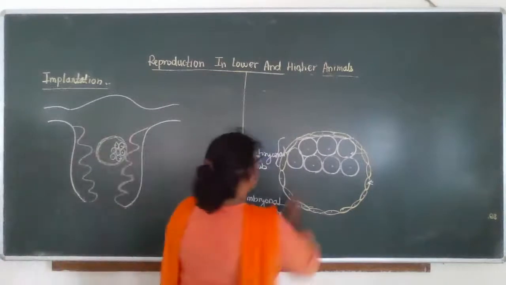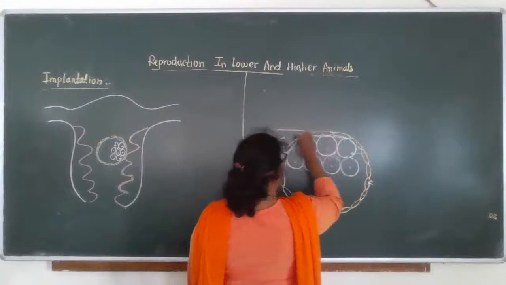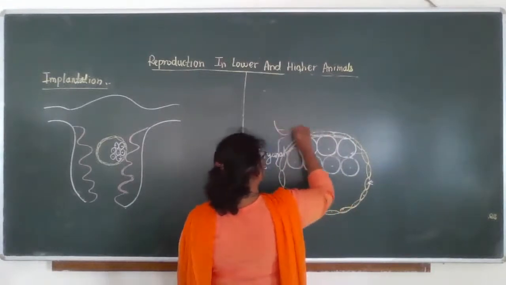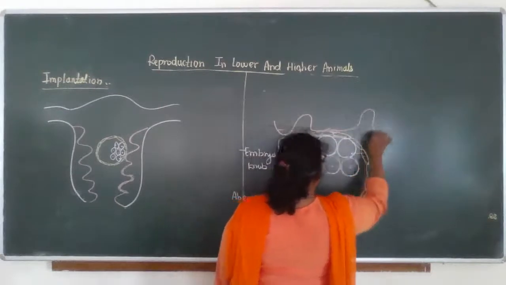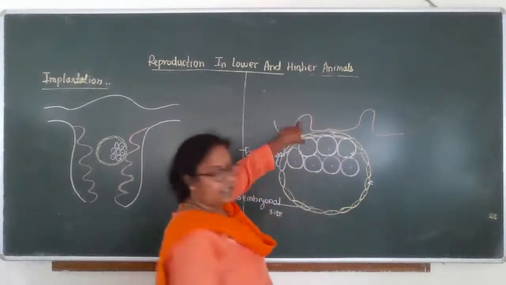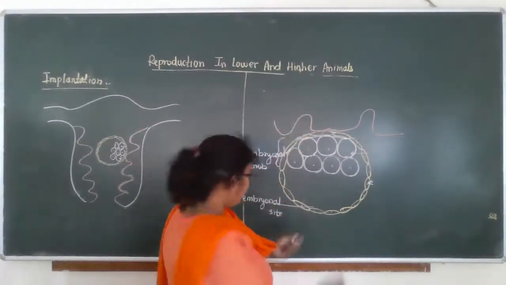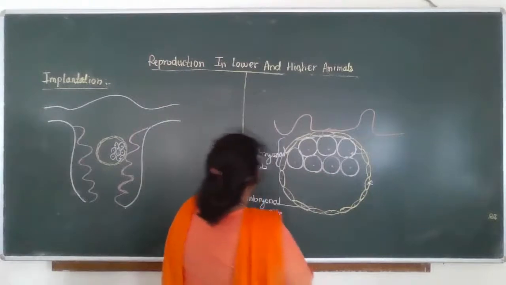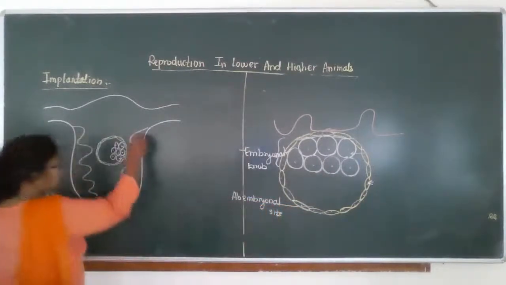So it comes in contact with, for example, this is the endometrium. As you know, it is highly folded. These are the uterine glands. Inner side of this, it is having two layers.